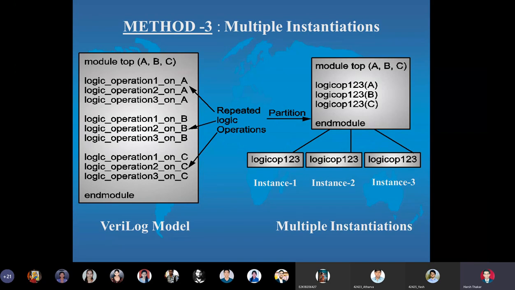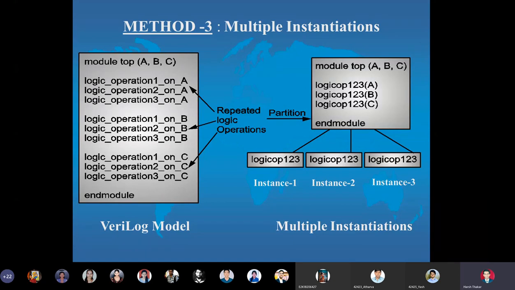So whenever our HDL model has this kind of thing wherein a particular operation repeats itself in one single module or across modules. Here we have given the example of one single module in which 3 logical operations are repeated 3 times.